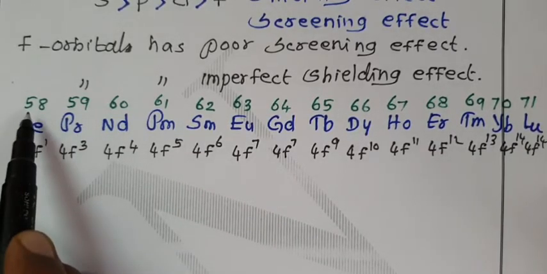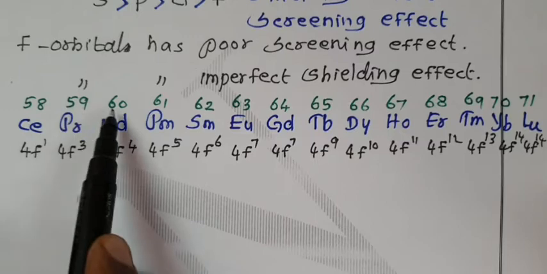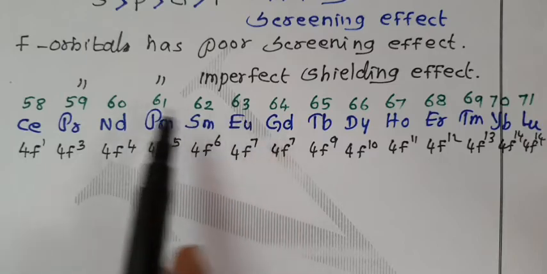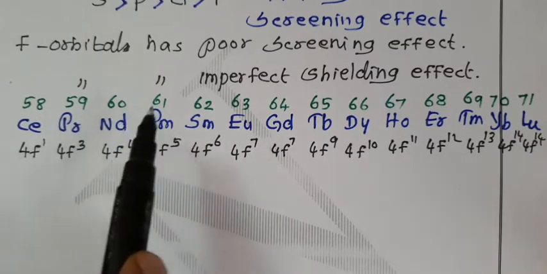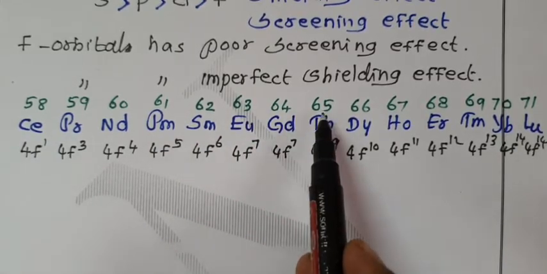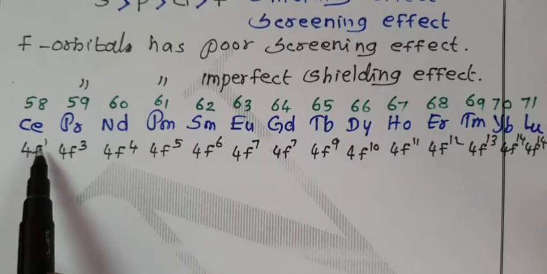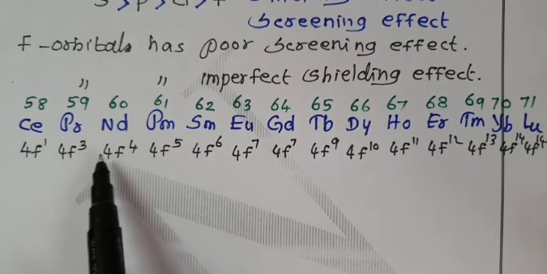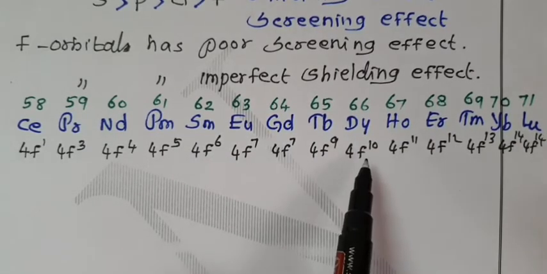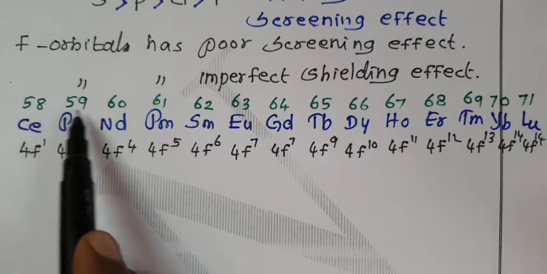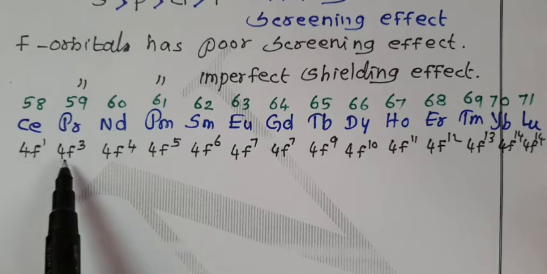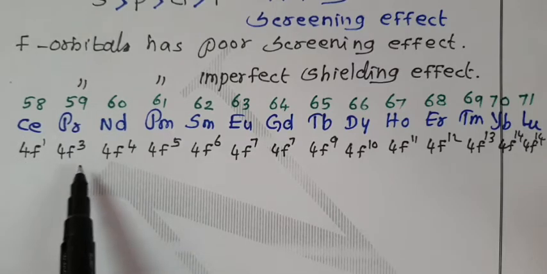the nuclear charge increases by 1 unit. 58, 59, 60, 61, 62, 63, nuclear charge increases by 1 unit, and the additional electron is added into the same inner 4f subshell. So, when the nuclear charge increases from cerium to lutetium, the additional electron enters the inner 4f subshell.